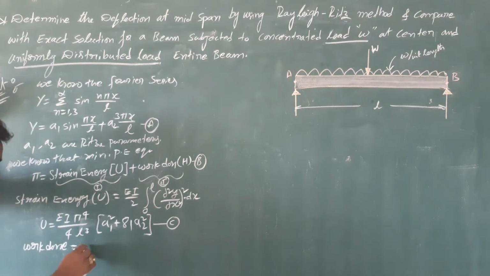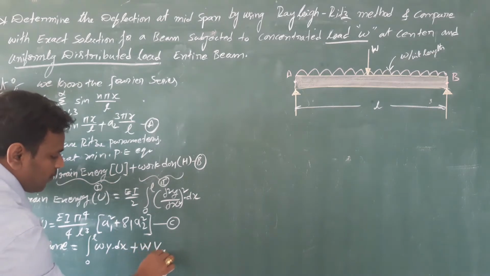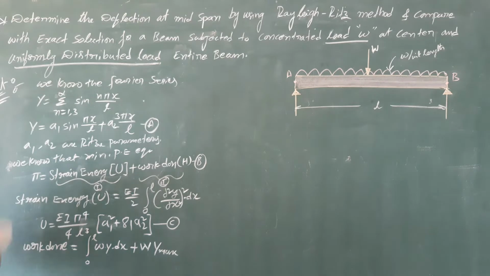Work done is equal to the integral from 0 to L of w y dx plus capital W into y. Already in the previous video I have derived this, so I am substituting it here directly.